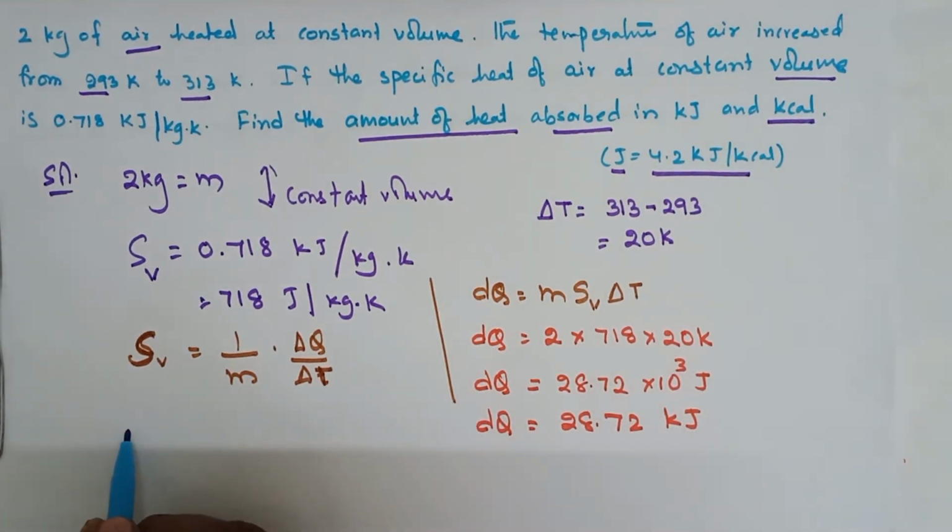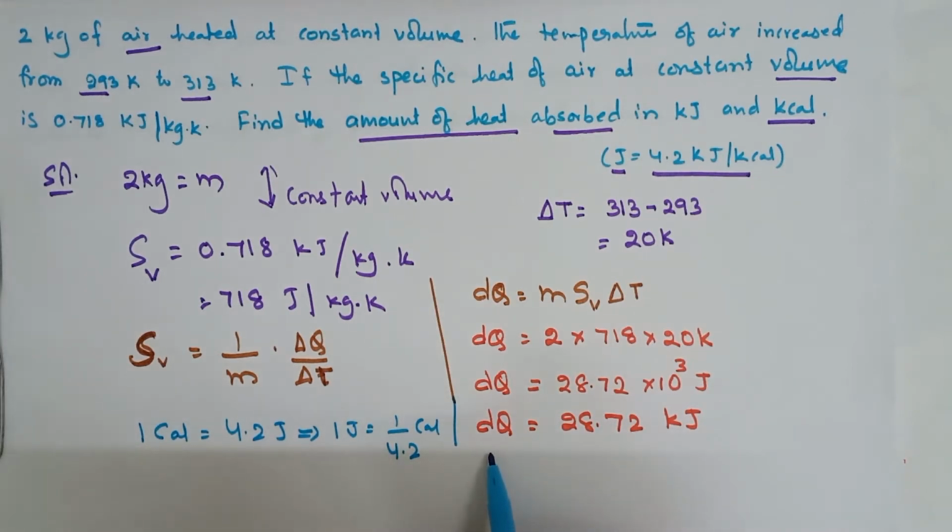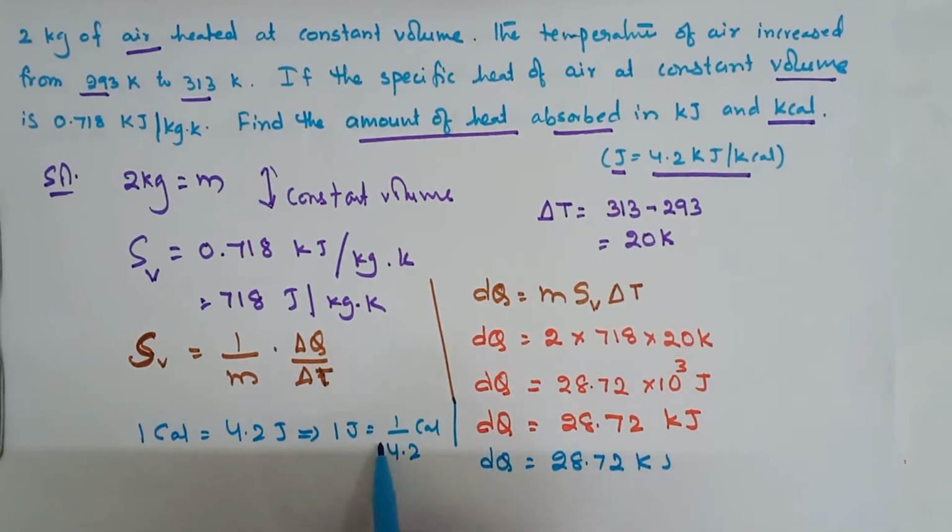Here, how to convert from calorie to joules? 1 calorie is equal to 4.2 joules. Now from this, 1 joule is equal to 1 by 4.2 calories.